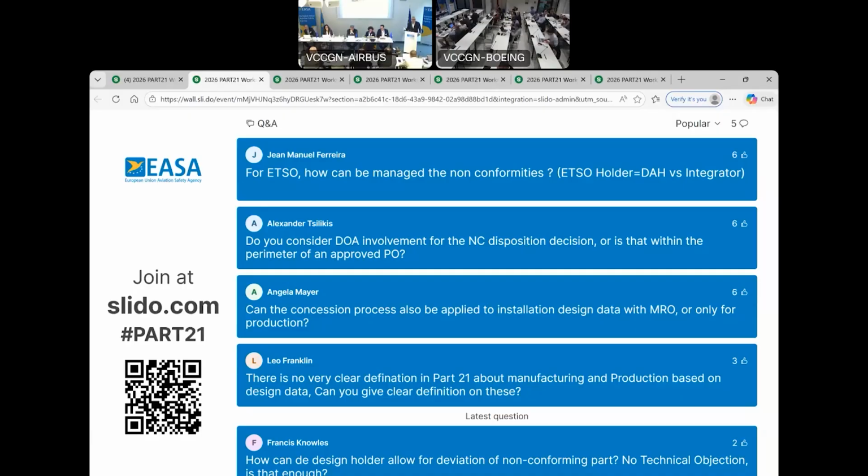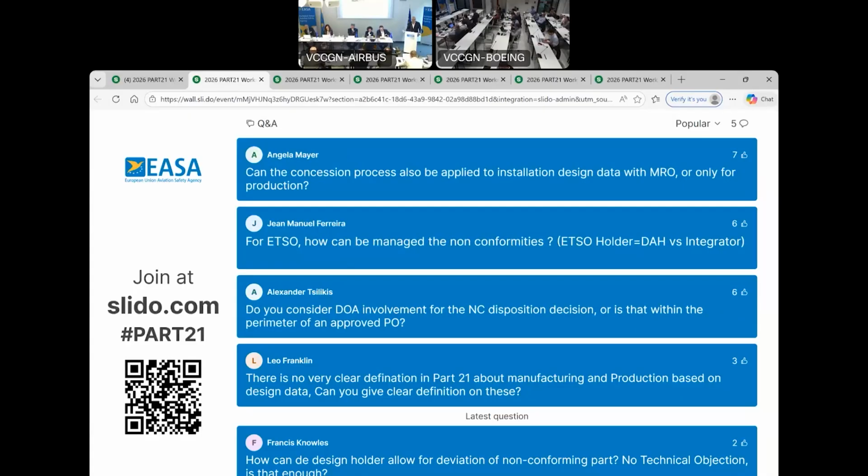If you scrap the part, you don't need to go to the design approval holder to ask if the part can be scrapped. Or if it can be reworked to restore full conformity, and this rework does not affect the performance of the part, and normally this is typically the case.